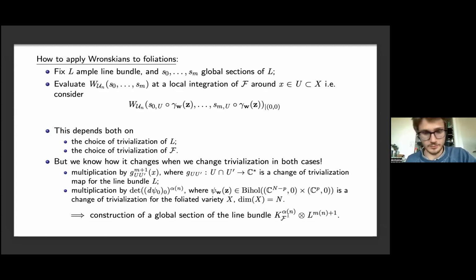It's a way to define the canonical bundle of a foliation, which actually is as important, in the foliated case, as the canonical bundle of a variety, which is the determinant of the cotangent bundle. Okay, so this is the idea.